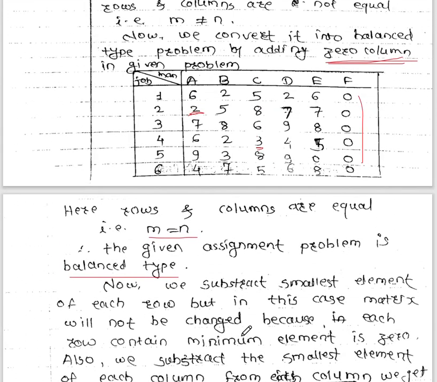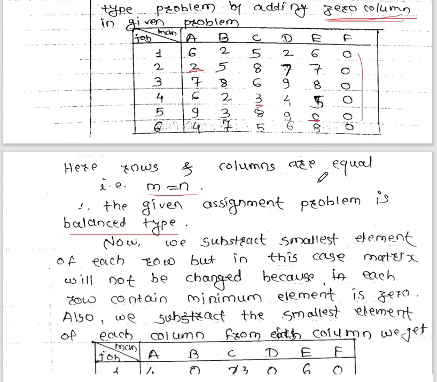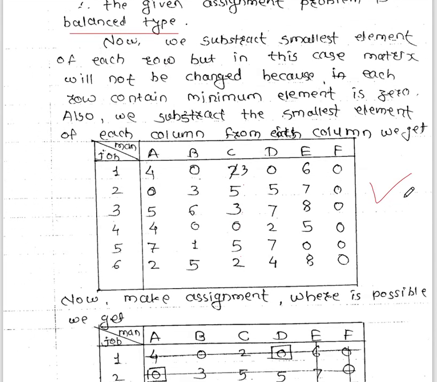Similarly for the next column. Where there is already a 0 in a column, there are no changes, because there is no need to subtract the smallest element. In this way we obtain at least one zero in each row as well as in each column. Now if you observe, in each row and in each column there is at least one 0.